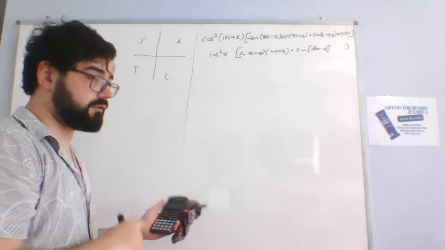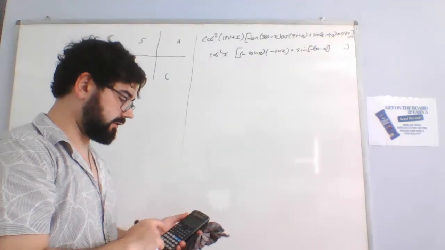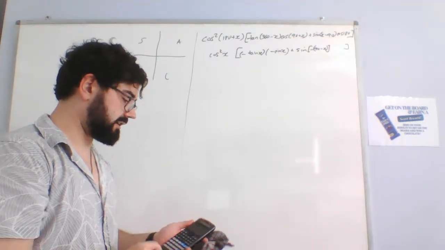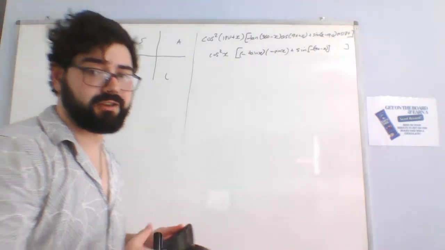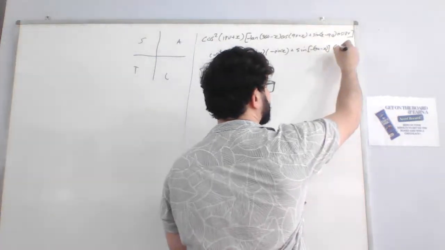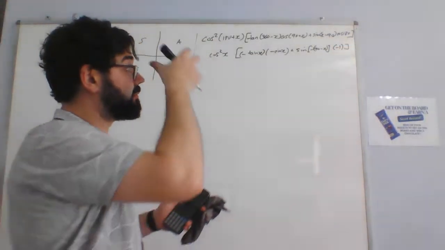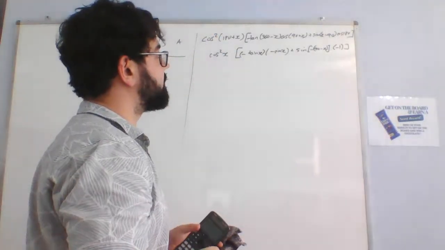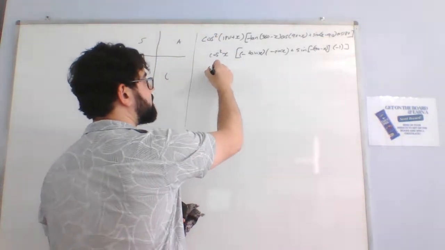But just a tip, if you are battling to remember the special angles or any of the angles, just use your calculator. I've noticed a couple of guys still need that advice. You can use the calculator to remind you. If you get stuck, then you might as well use your calculator. Nobody's going to know. If you get enough practice, then you will memorize them eventually. Okay, so we got a -1 there. And we're getting close now. So we got cos squared x.